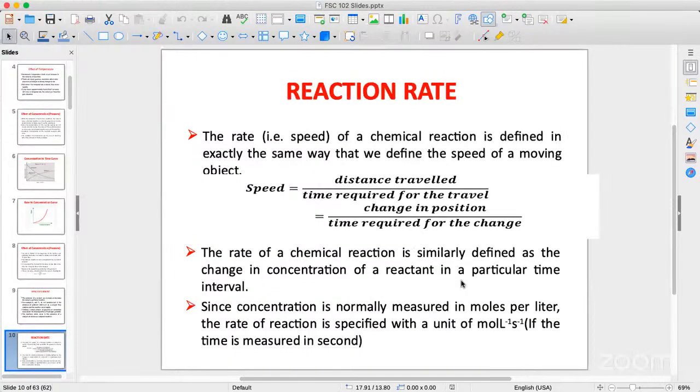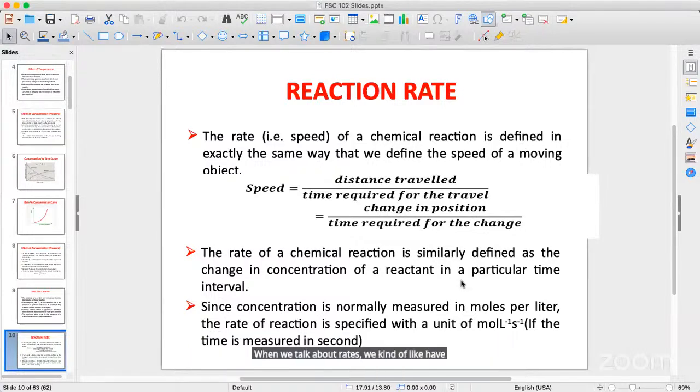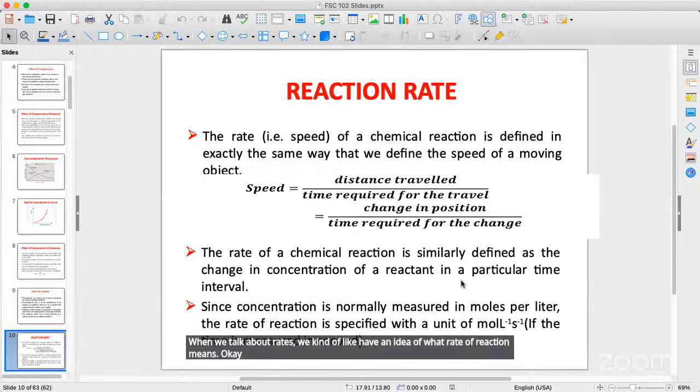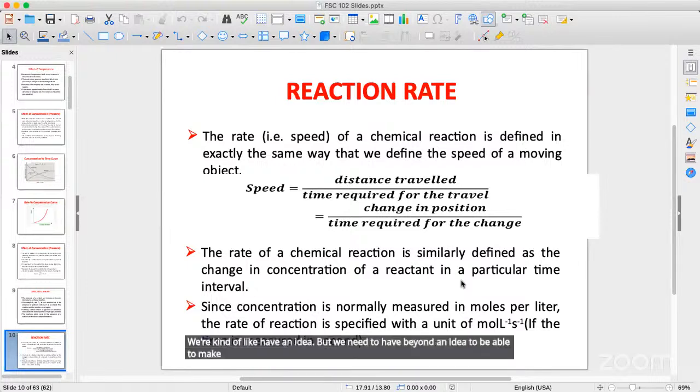Now, the rate of reaction, we've been talking about the rate. I'm sure you know it's an intuitive thing. When we talk about rates, we have an idea of what the rate of reaction means. Okay, one is fast, one is slow. But we need to have beyond an idea to be able to make use of them the way we want to use them here.